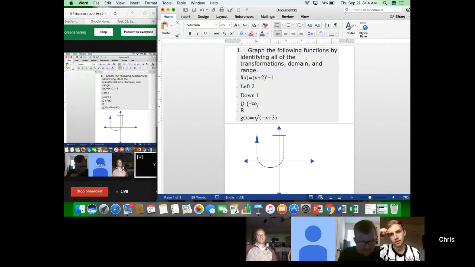For this one, it looks like to me, we include -1 and go up to infinity for the range. How does that look? Yeah, that looks about right to me. That's good.